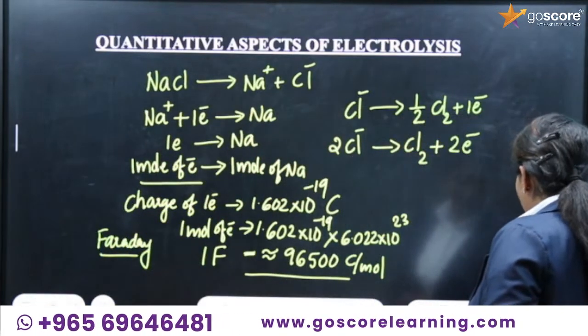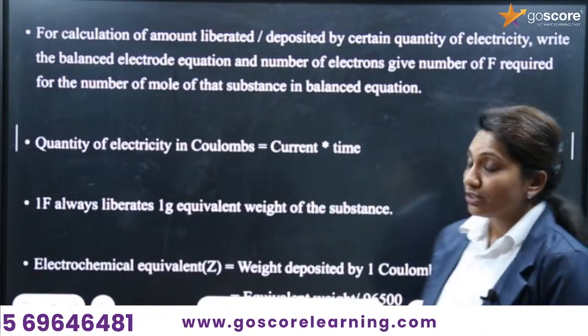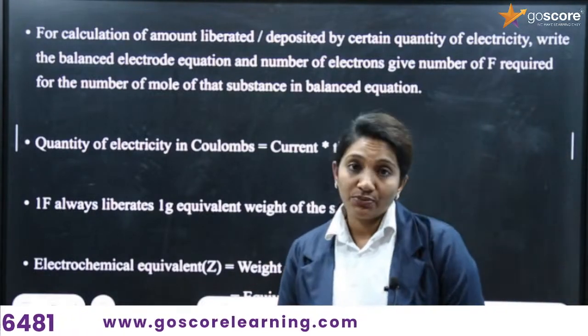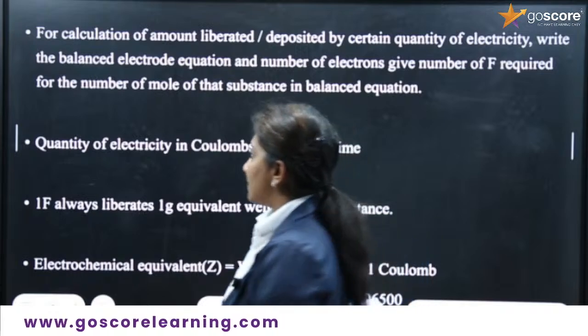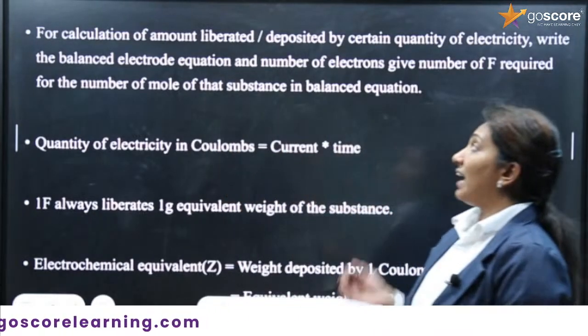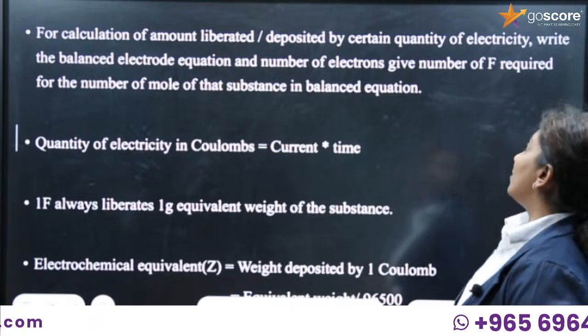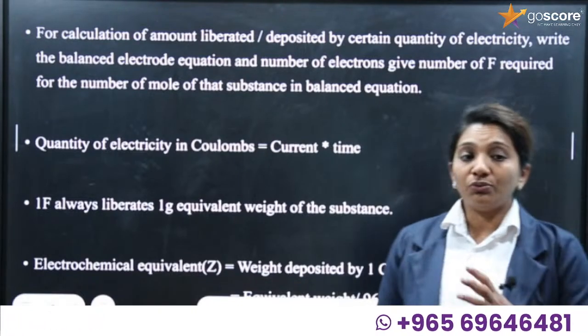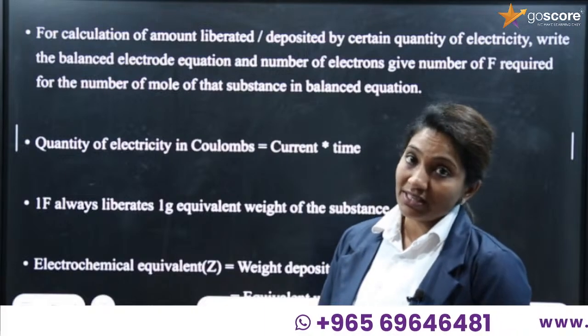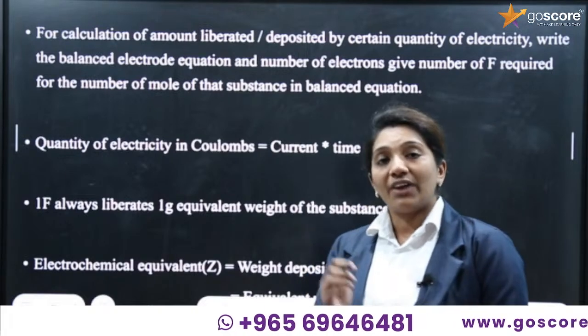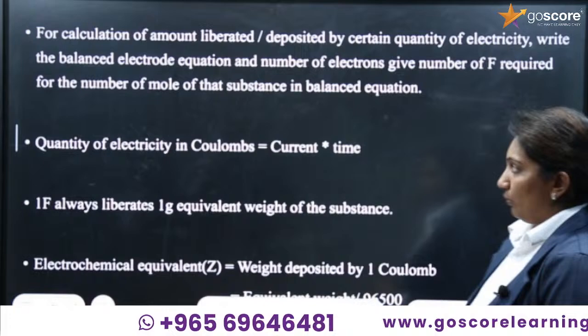Okay. Now let's see some very important points that you should know about Faraday's first law, second law and quantitative aspects. That is for calculating the amount of substance liberated or deposited by a certain quantity of electricity. If you want to find out the amount of substance, the first thing you have to do is write a balanced chemical equation.